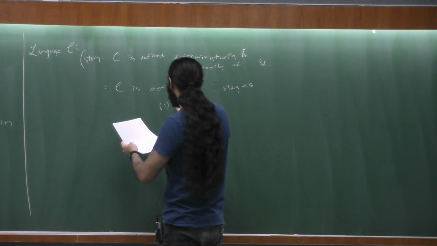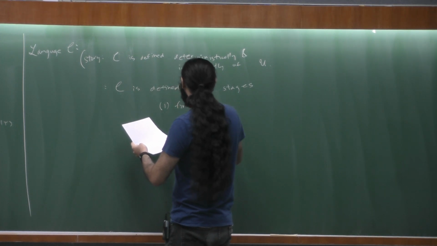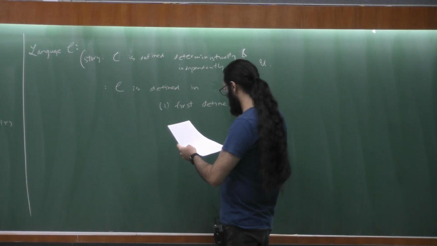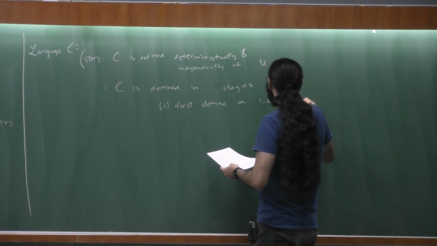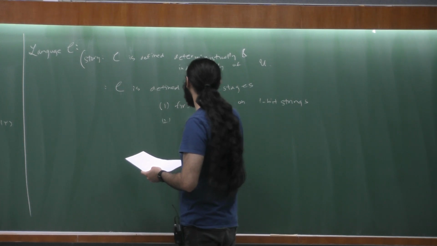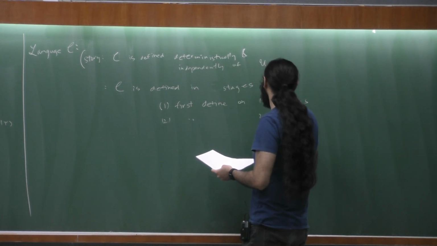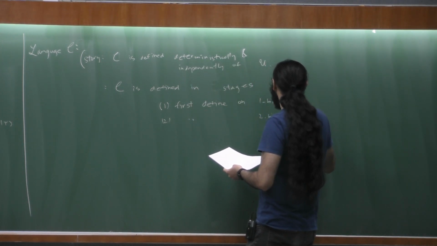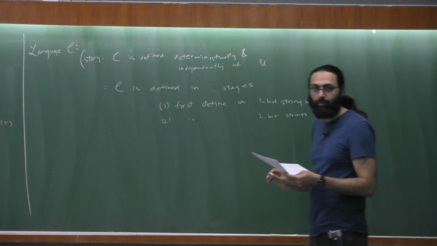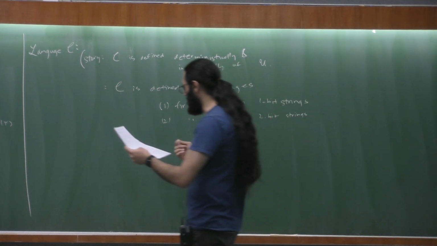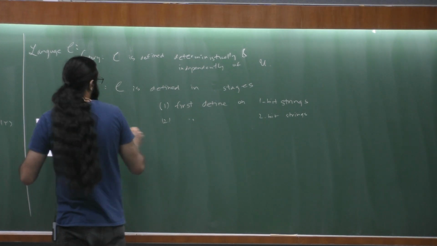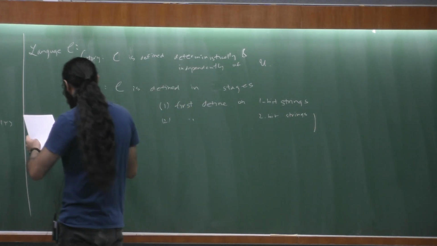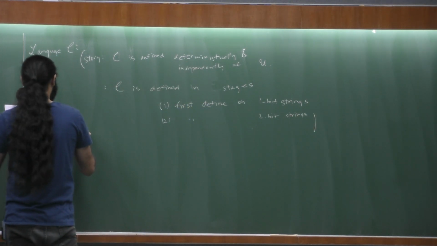We first define it on 1-bit strings, and then using this we'll define it on 2-bit strings and so on. So that's how the construction is going to go, and that was the story part. Now what the actual definition says is the following.